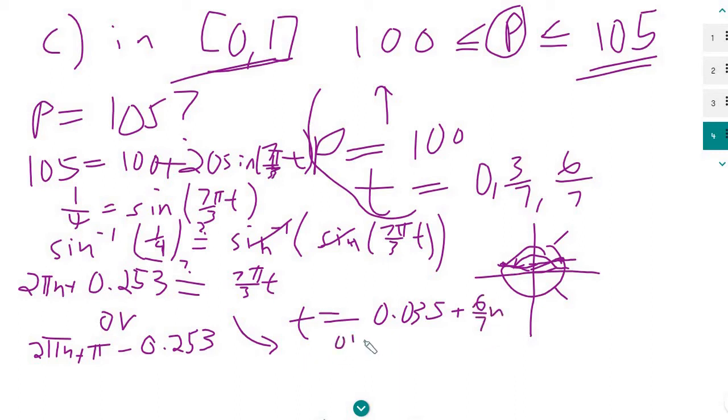And then the second answer would be the same thing, except, well, hold on, let's be careful here. So I'm subtracting the 0.35, okay. I am still adding the 6 over 7n, but then I also got this pi term right here, okay? So that would be positive pi divided by 7 pi over 3, which would be positive 3 over 7. Okay?